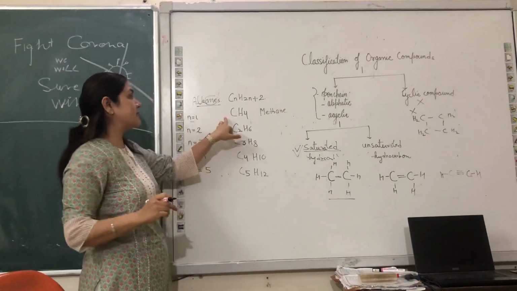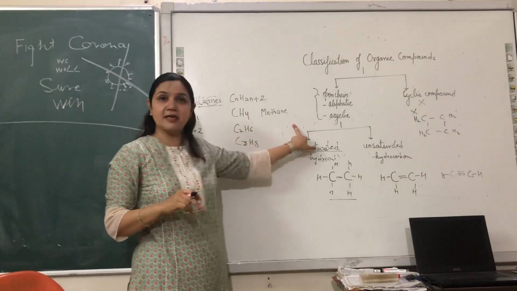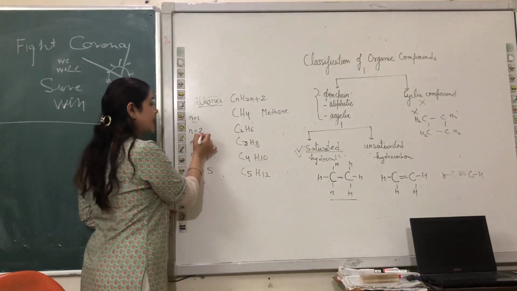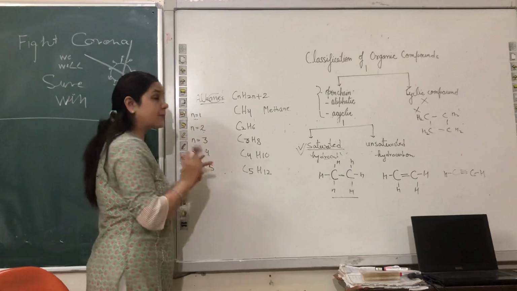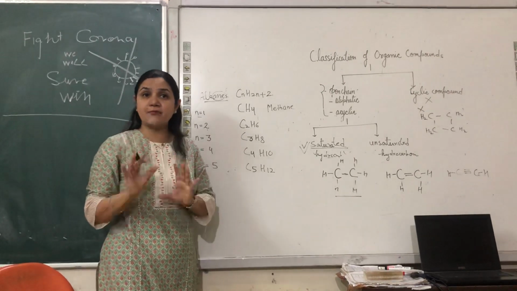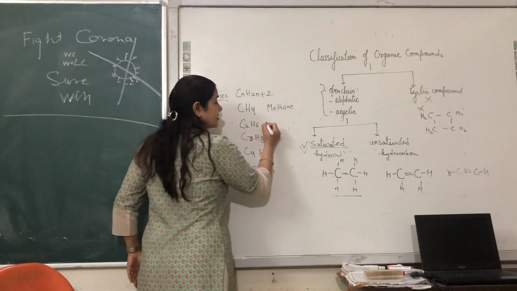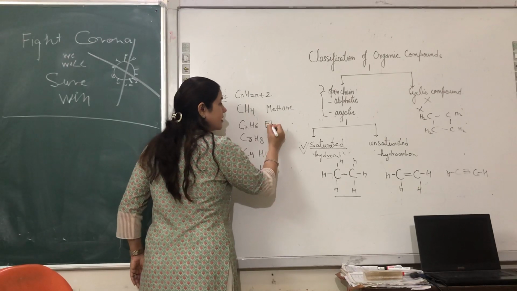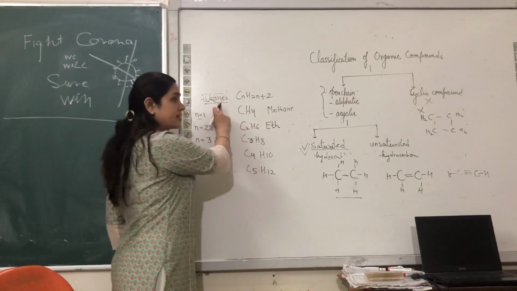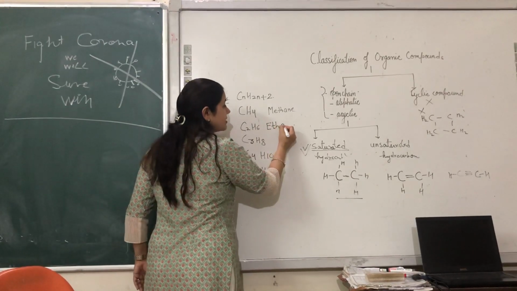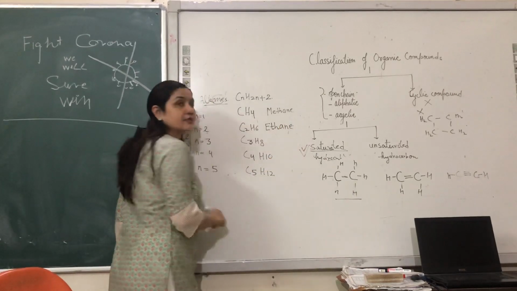So the name of CH4 is methane. Second, when you put n equal to 2, there is a fixed prefix for it, eth, E-T-H, and the suffix will remain the same. So the name is ethane.